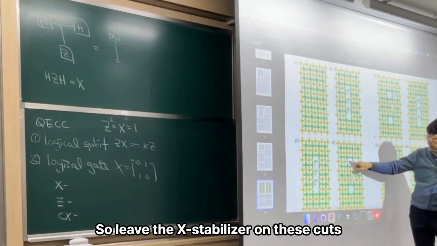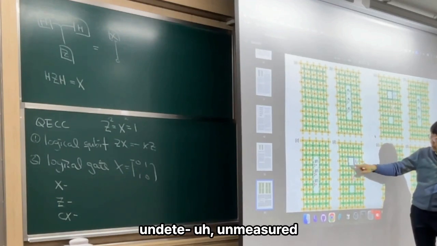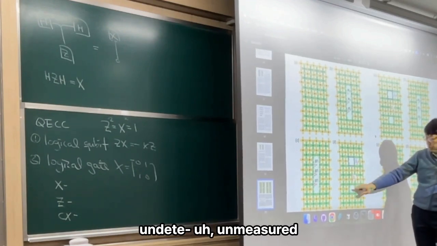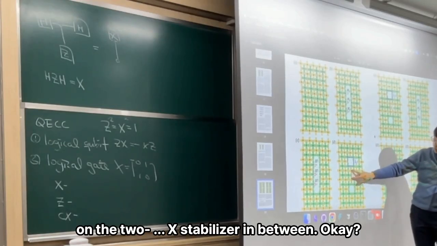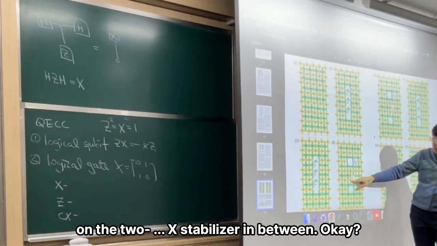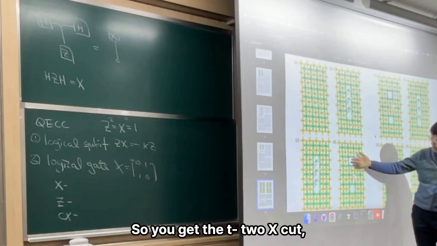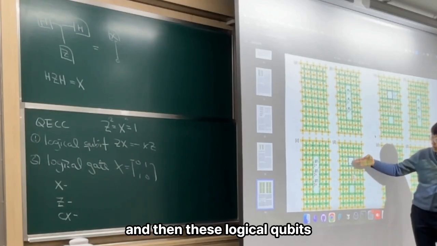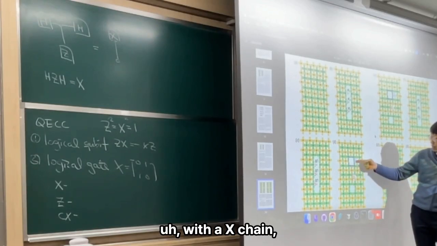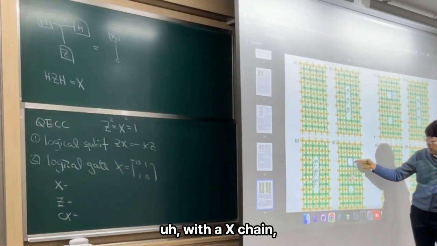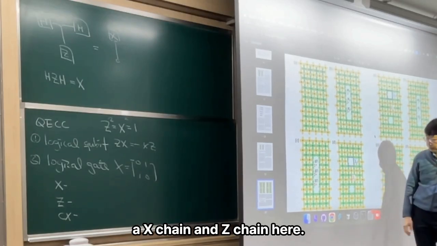So leave the X stabilizers on these cuts unmeasured, so they're still turned off, but you turn back on the 2 X stabilizers in between. Okay? So you get the 2 X cut, and then this logical qubit serves as one logical qubit with an X chain and Z chain here.